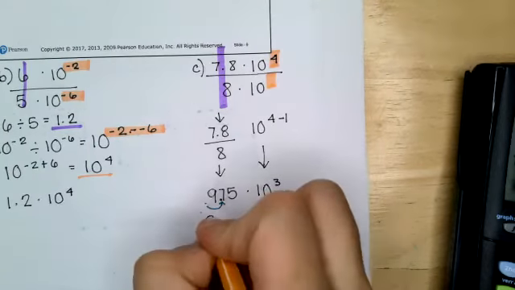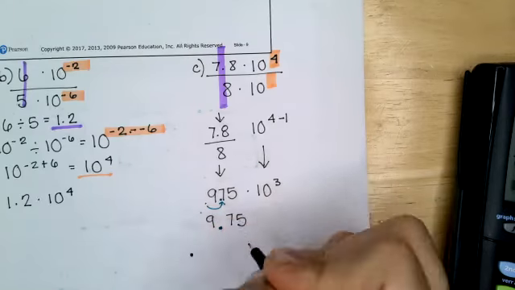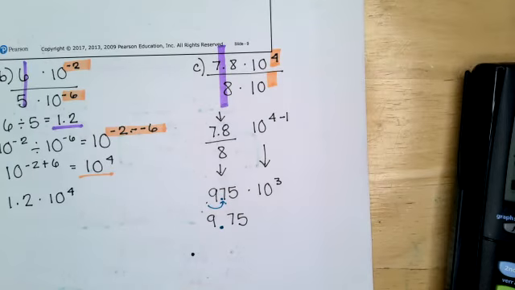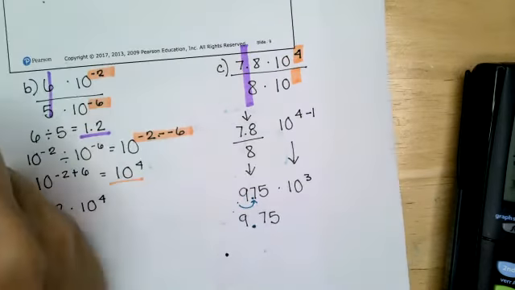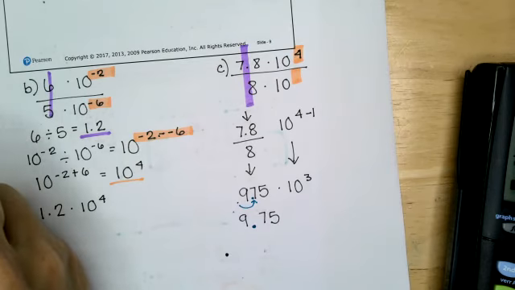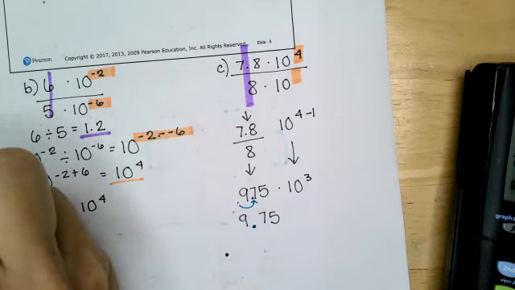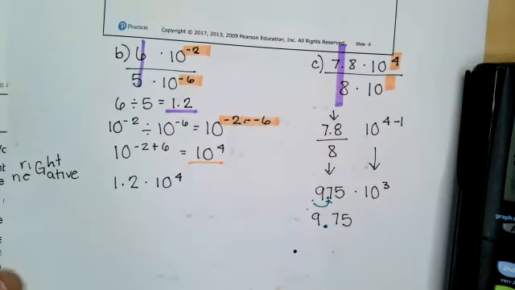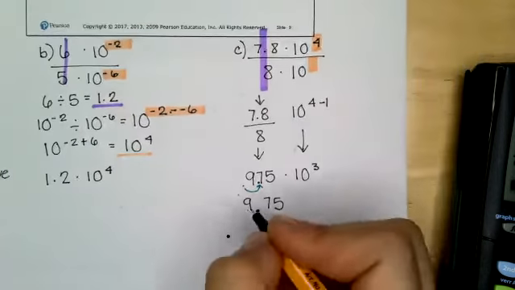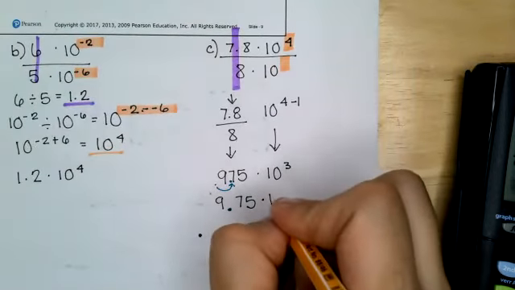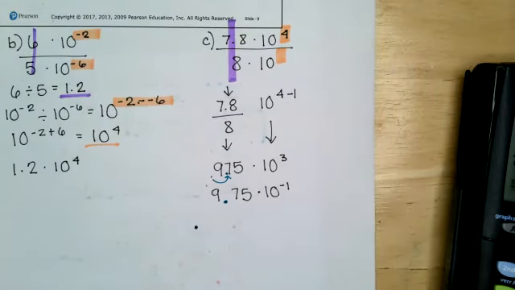If I move the decimal right, it's negative, right? Because if I think of the word right, it shares the G with negative. So 9.75 times 10 to the negative 1.